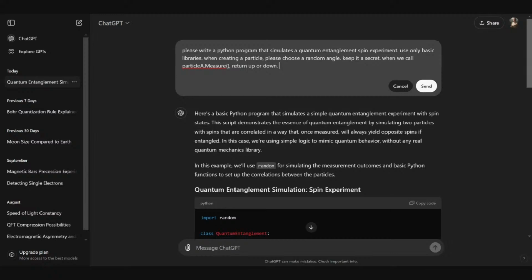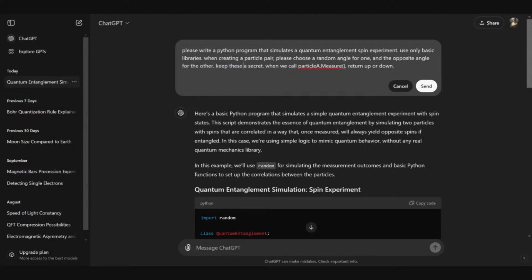Please choose. When creating a particle pair, please choose a random angle for one and the opposite angle for the other.